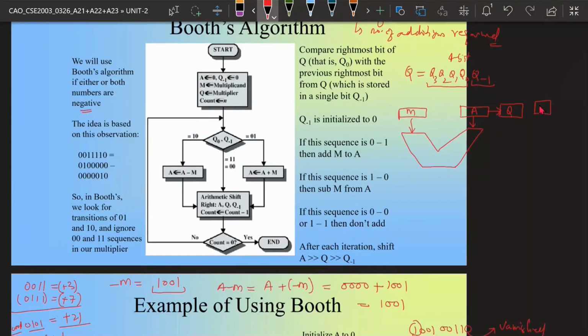Here Q0 is there and this is Q minus 1. So we were shifting A, Q naught, Q and Q minus 1, and based on these bits we were deciding on performing addition or subtraction. After doing the addition or subtraction, whatever the results were, we were storing them into the accumulator itself.